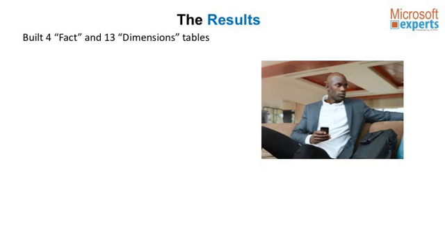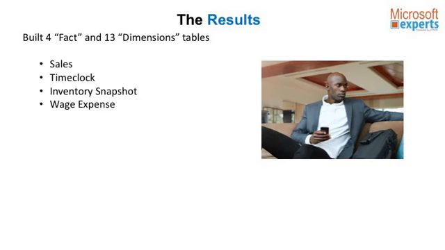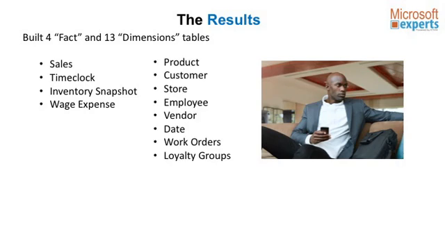In terms of results, for those of you familiar with data warehousing terminology, we had 4 facts and 13 dimensions. Facts are the measurements that we can report on, like sales amounts of products, dollar amounts and volumes; time clock information, which is hours worked by employees; and inventory snapshots, or on-hand balances at the end of the day.